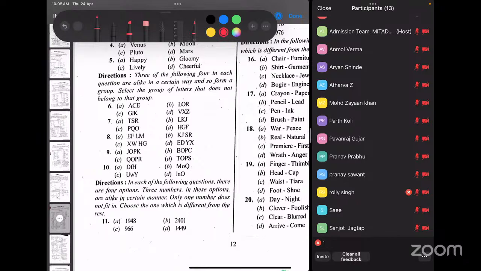Sir, it should be option C because OQP is not in order. Yes, option C, because the rest are in reverse direction: RST, JKL, FGH, but in C it must be OPQ, but it is OQP. So the correct answer will be C.